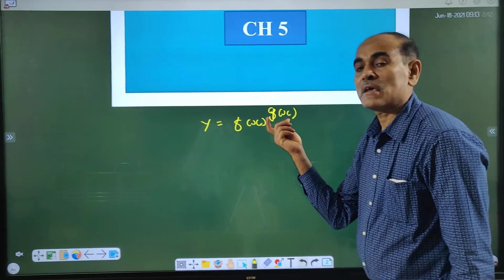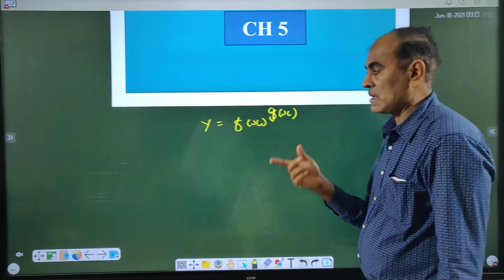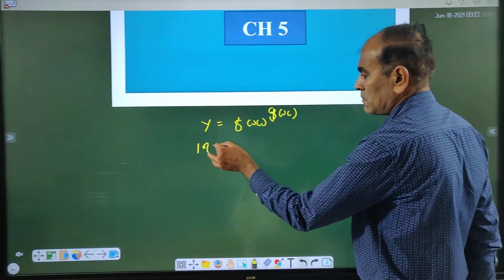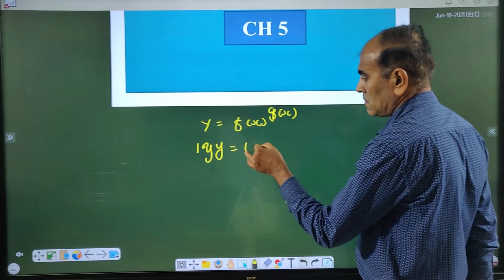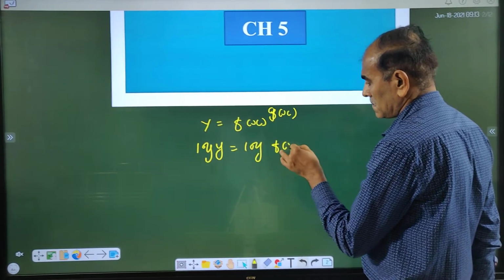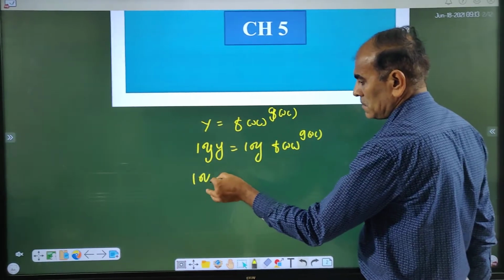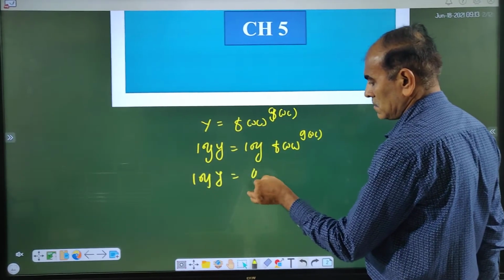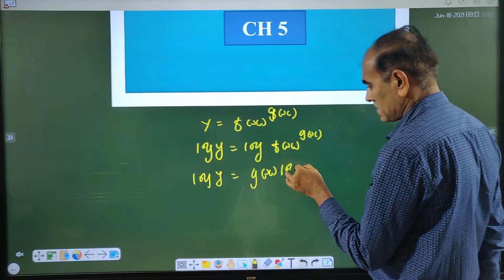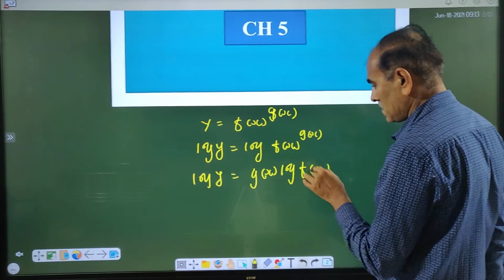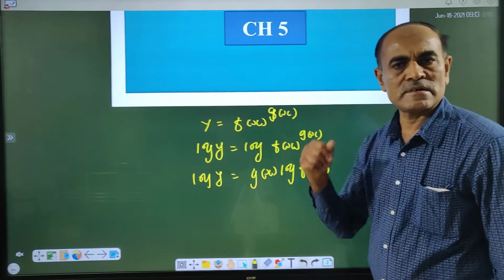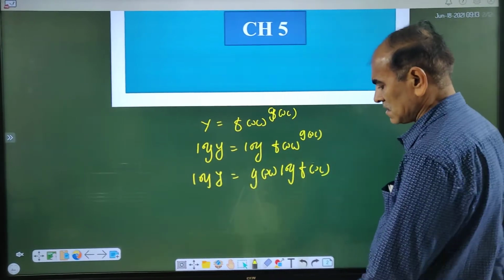The power is also variable, which means a variable raised to a variable is given. Then what do we have to do? We have to take log on both sides, and therefore log y is equal to g of x log f of x. Then we have to differentiate it. So last time we were seeing this.